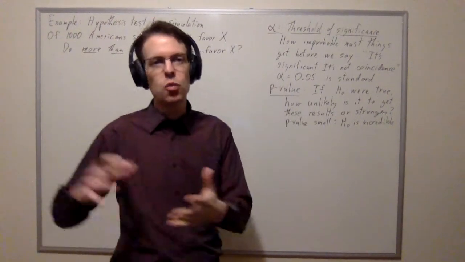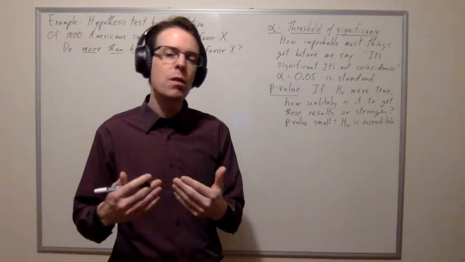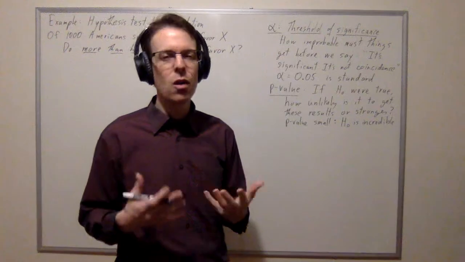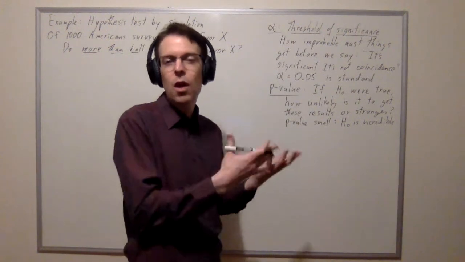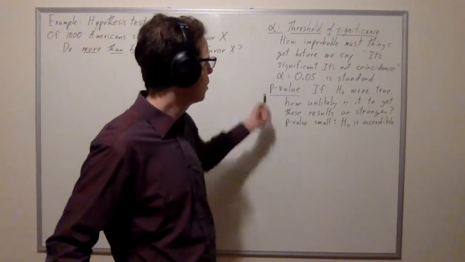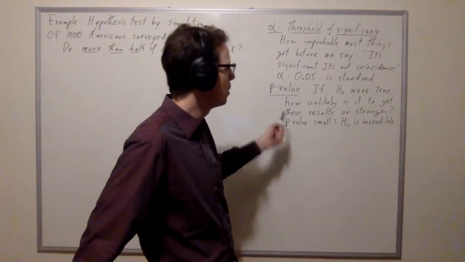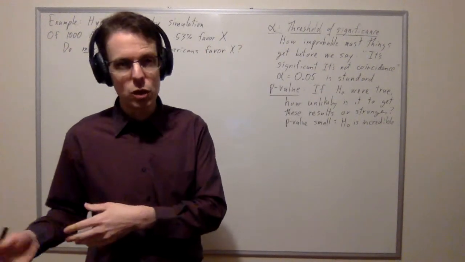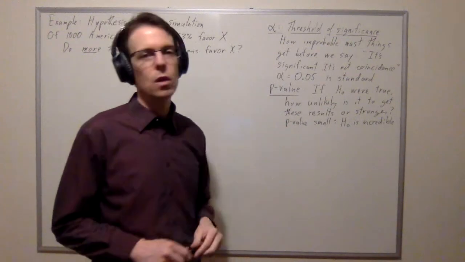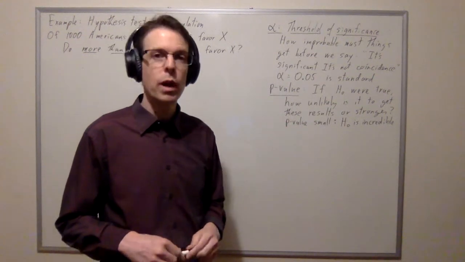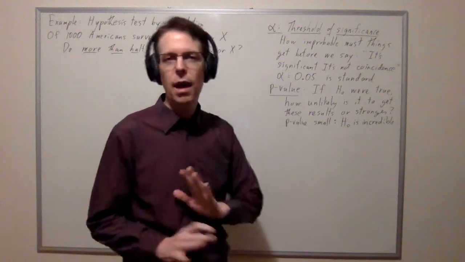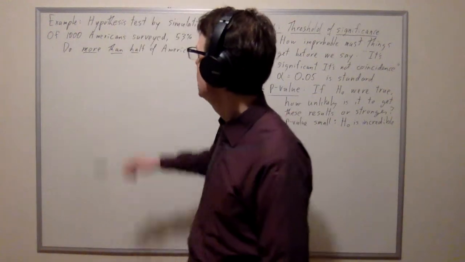If the effect is really strong, then the p-value is going to be really low because that's going to indicate that's not at all likely if the null hypothesis is true. So the p-value is actually the probability that we would get results like ours or even more extreme, given that the null hypothesis is actually the true explanation for things. So these are some key concepts used in almost every hypothesis test.